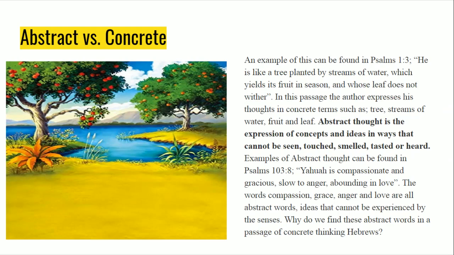Why do we find these abstract words in a passage of concrete thinking Hebrews? Actually, these are abstract English words used to translate the original Hebrew concrete words. The translators often translate this way because the original Hebrew makes no sense when literally translated into English.